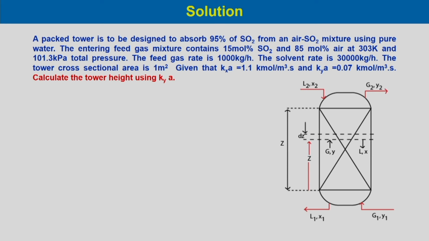Now, as per the problem given, in the packed tower we have to absorb 95% of the SO2 from the air-sulfur dioxide mixture. So, 95% of G1 y1 is to be absorbed.